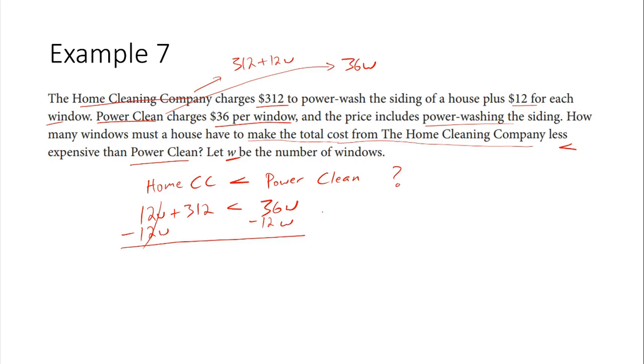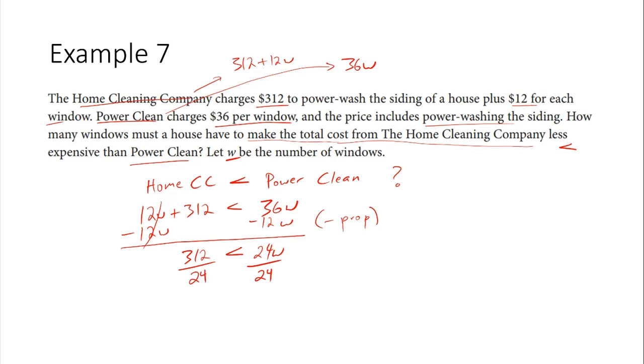That's the subtraction property of equality, and that's 24. The symbol stays the same because we didn't divide or multiply both sides by a negative. That leaves 312 all by itself. How do you get rid of a multiplying 24? Divide, right? Whatever you do to one side, do to the other.